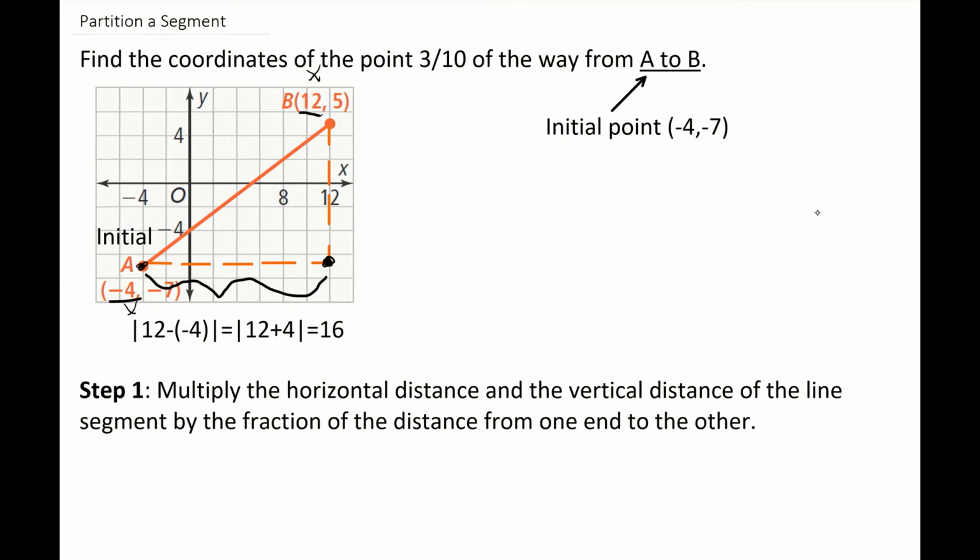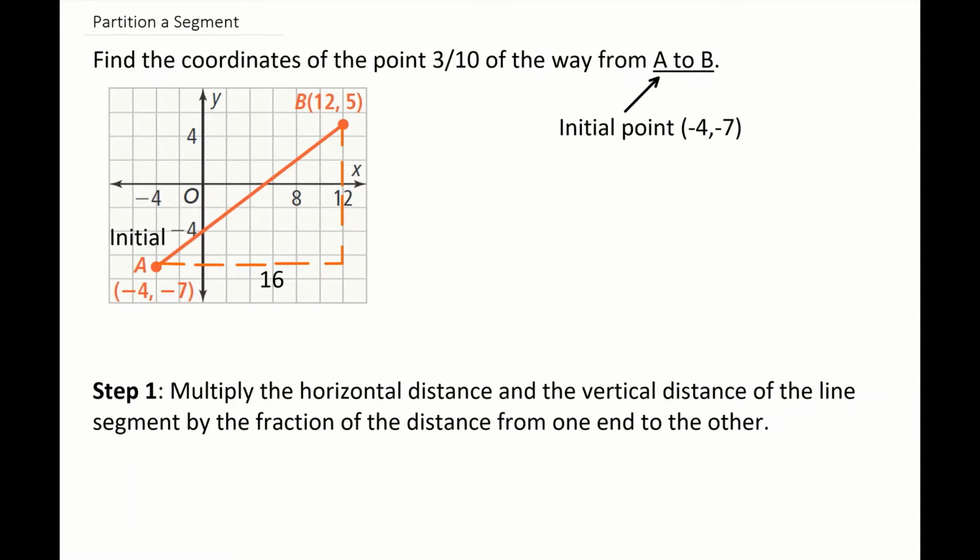And so in order to find the distance, remember from lesson 1, we just need to subtract the two numbers, with the absolute value. So here we have the absolute value of 12 minus -4, which is going to be 16. So that is my total horizontal distance from A to B. This is this horizontal part. All right, so I went ahead and labeled that 16.